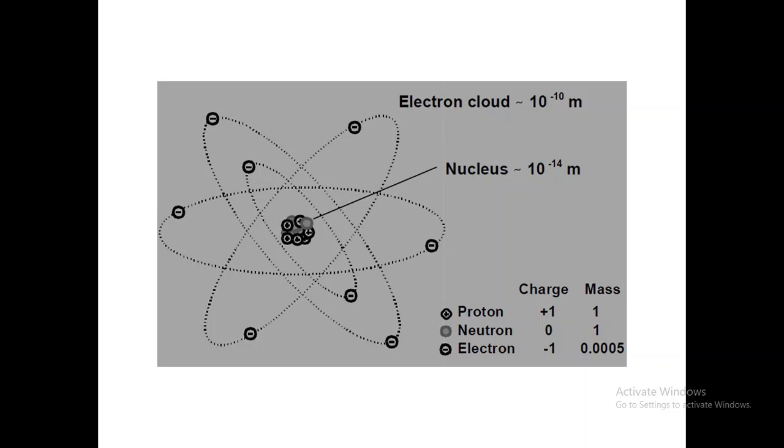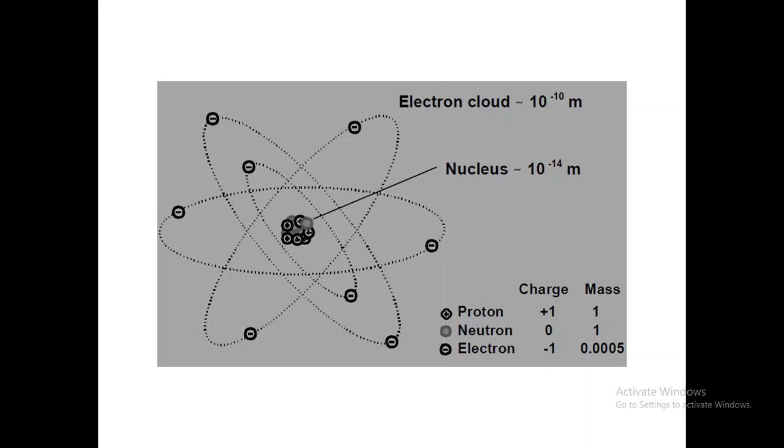Electrostatic attraction between the positively charged nucleus and the negatively charged electrons holds exactly Z electrons in orbit around the nucleus when the atom is in its normal state. So the overall charge on the atom is then zero.